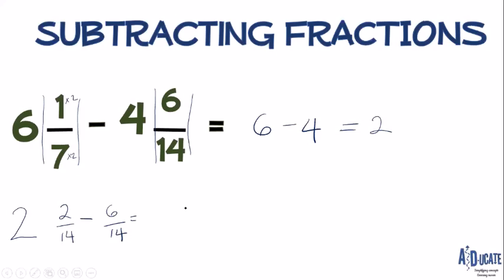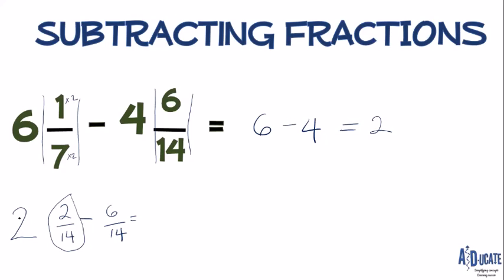So in essence, KJ's point is very right. This 2 will be taken away by 1. What we need to do is make up this 2 over 14 so that we'll have enough to take away 6.